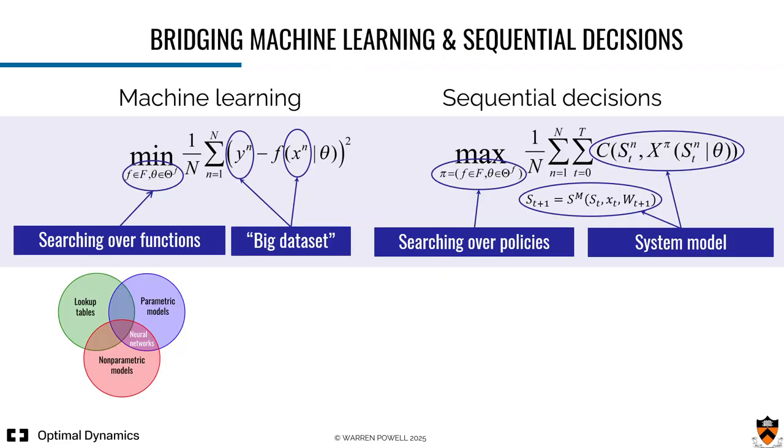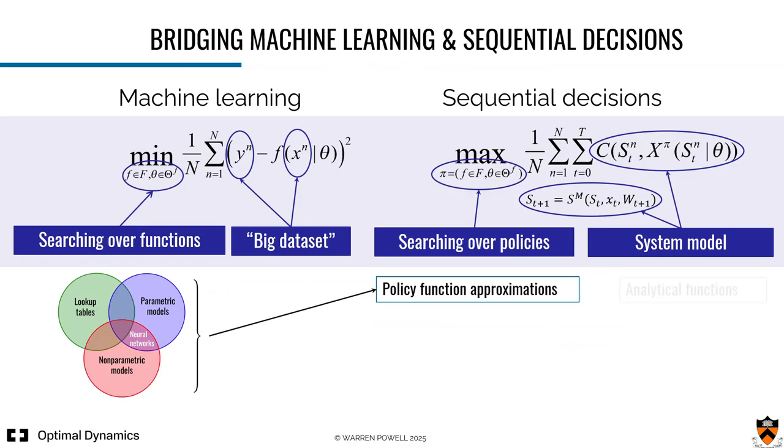Now, let's get back to our bridging between machine learning and sequential decisions. If you limit yourself to policy function approximations, PFAs, the different functions F can be any function that you might use for machine learning. So if you have strong skills in machine learning, the only difference between doing vanilla machine learning and sequential decision problems is, in machine learning, you need the big data set.